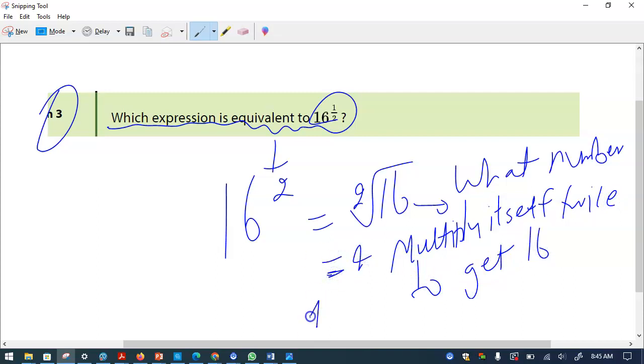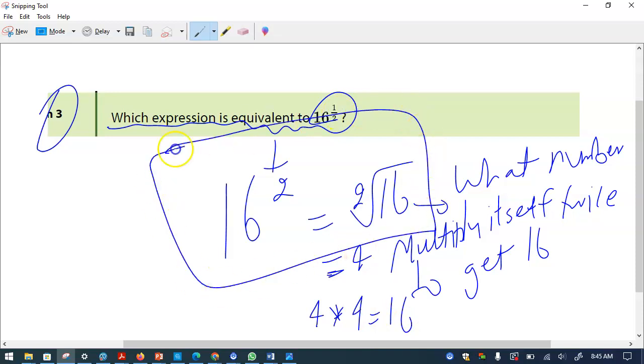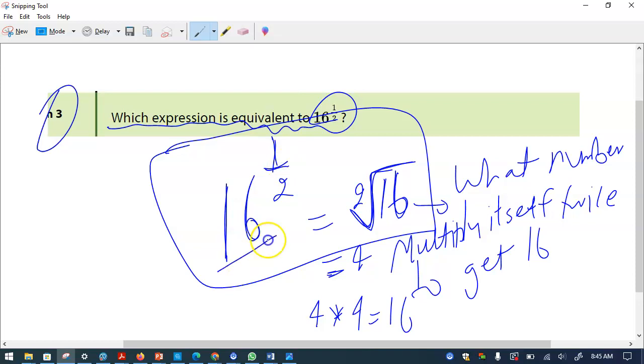And why is it 4? Because 4 times 4 is 16. So these two things mean the same thing: the square root of 16 is the same as 16 raised to half, because 16 raised to half multiplied by itself gives you 16, and the square root of 16 multiplied by itself also gives you 16.